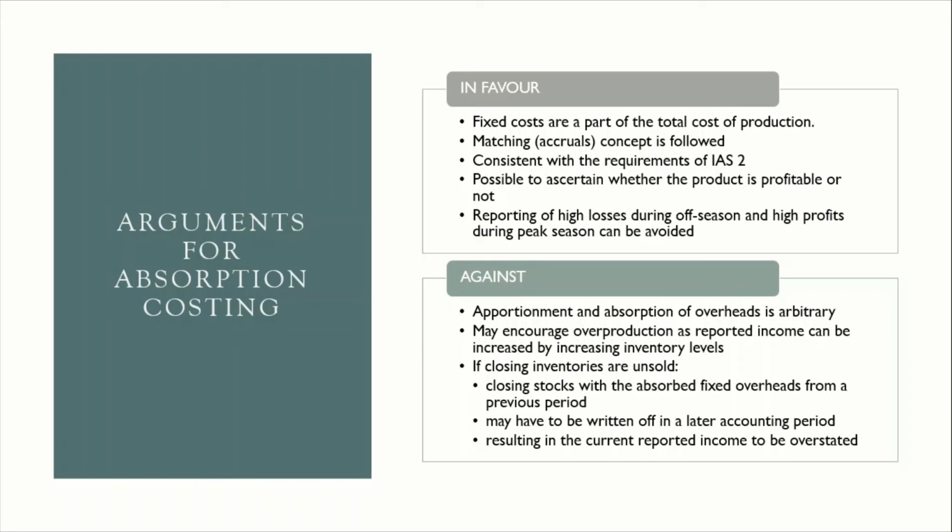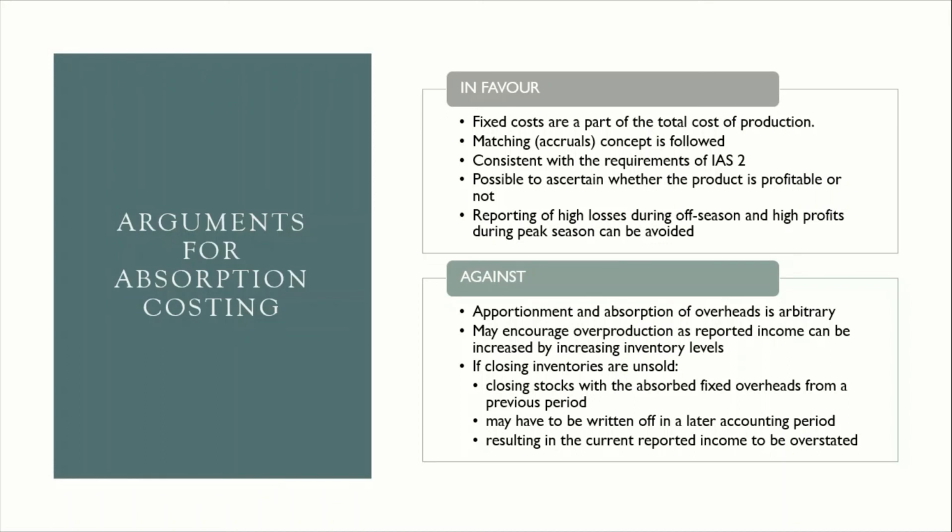The third is that it is consistent with the requirement of IAS 2, International Accounting Standard number 2. The fourth is that it is possible to ascertain whether the product is profitable or not. So when you include all the costs, you will see whether or not the product is gaining profit or giving you loss.